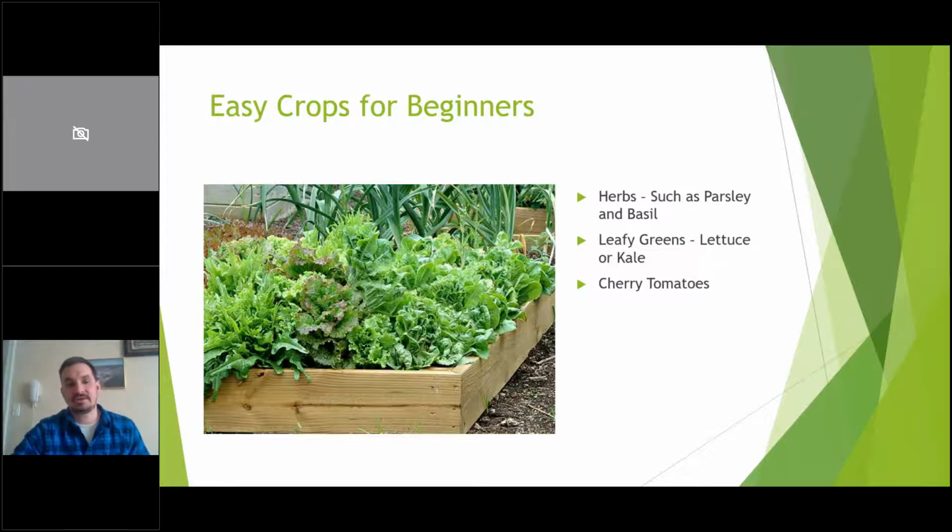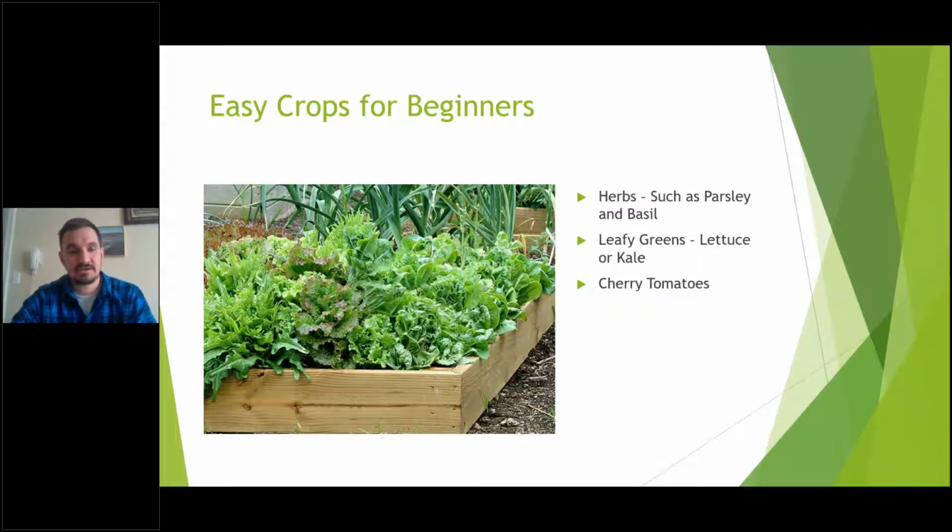Some thoughts for some easy crops if you're a beginner in gardening, and specifically in the community gardens. Just things that are real easy to grow and really don't need a whole lot of maintenance on your end.